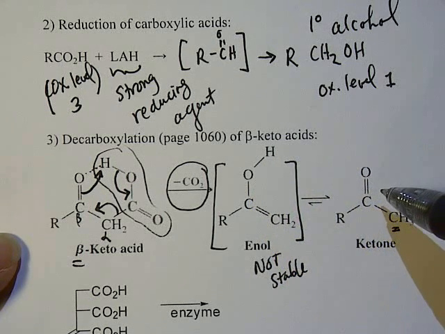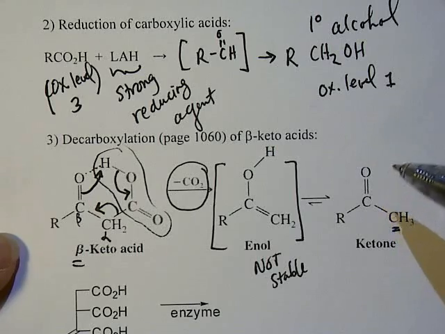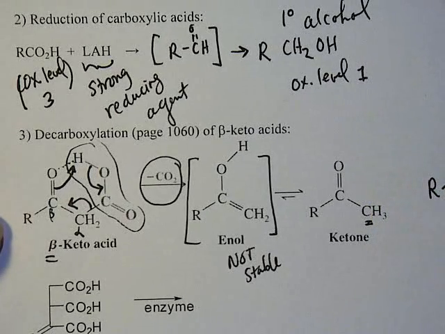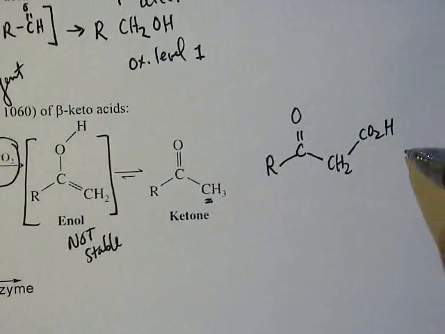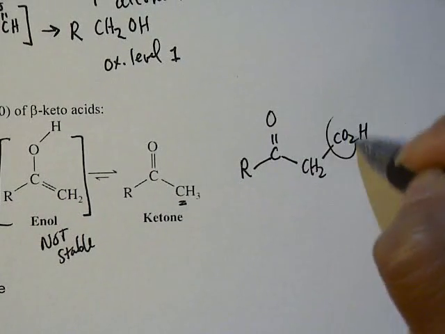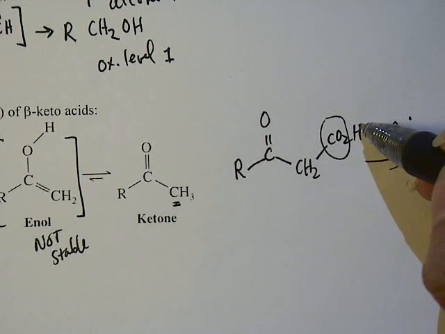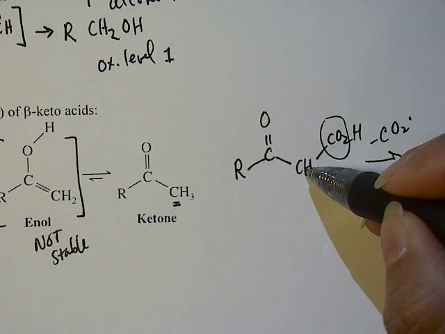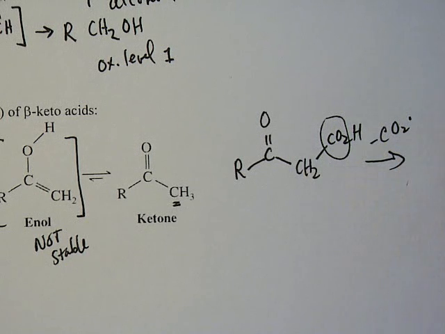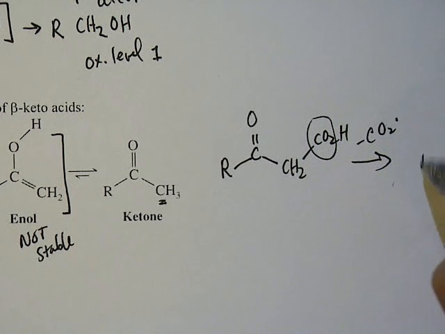So essentially, if you look at the overall reaction, this leaves as CO2 gas. And then the hydrogen goes back to this carbon that used to be alpha to the carboxylic acid.